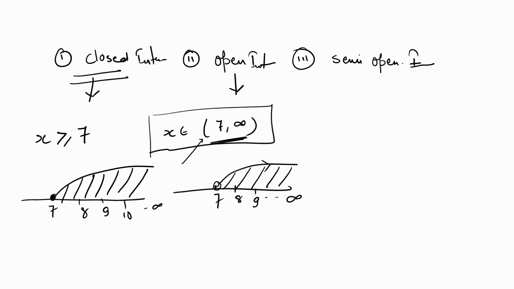So how will you write it? We write the closed bracket, and we close it in this way, this big bracket we call the close value.